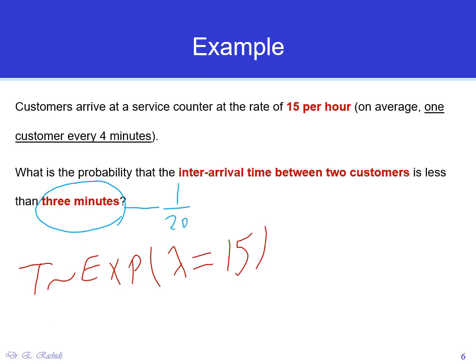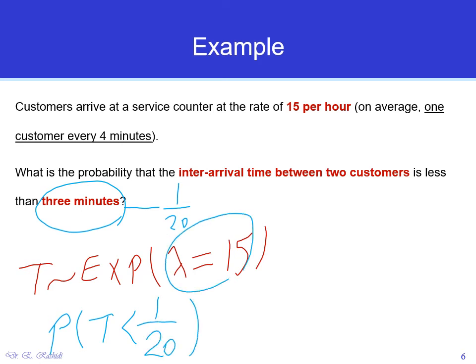So now our problem is easy. We are looking for the probability that t is less than 3 minutes, which is 1/20th of an hour, because our rate is per hour. And this is equal to 1 minus e to the power of negative lambda multiplied by t.